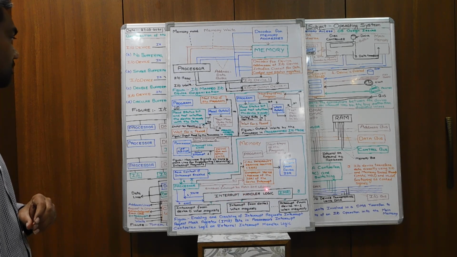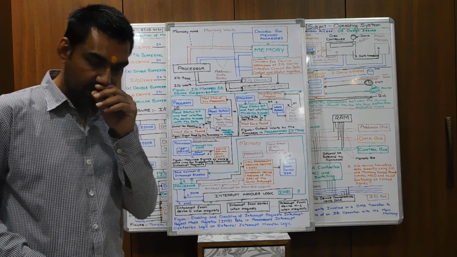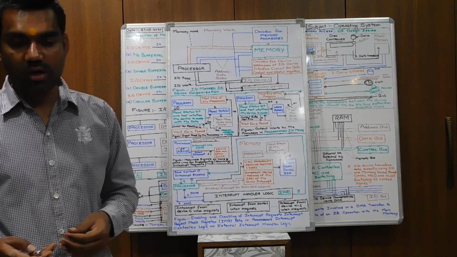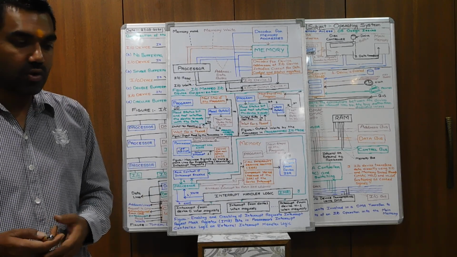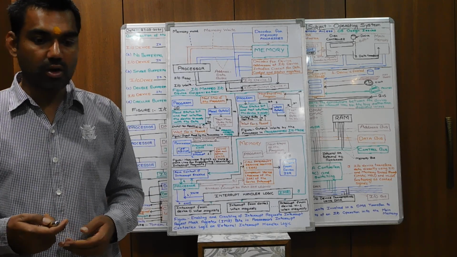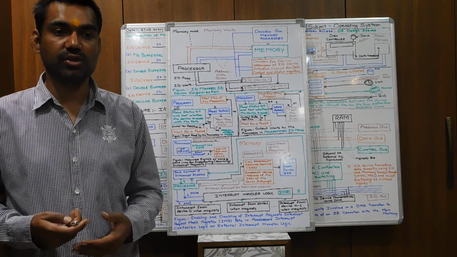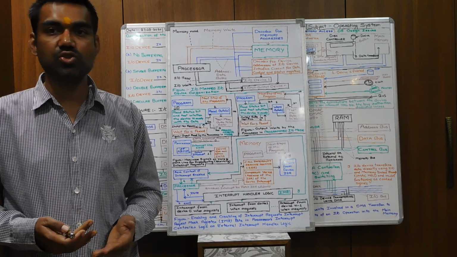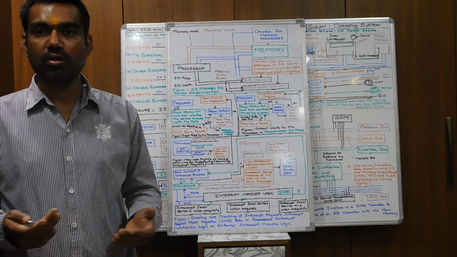Now this figure speaks of masking. There are various interrupts. Think of a program which is doing an operation on a critical section. A critical section is an area which is shared by a number of processes.